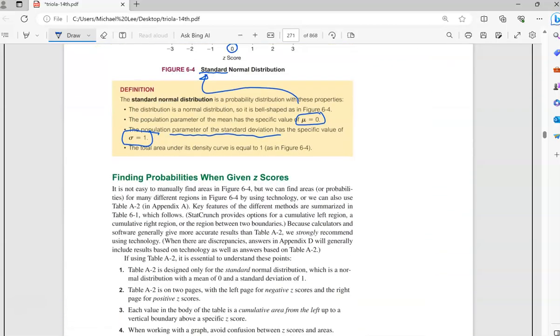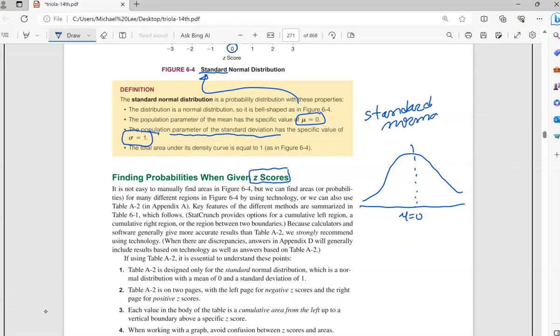To learn standard distribution, you need to know the z-score. The z-score is how many units from the mean. In other words, the mean is 0, because we like to do this standard normal distribution.